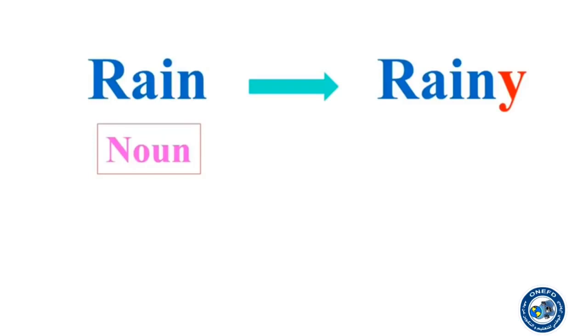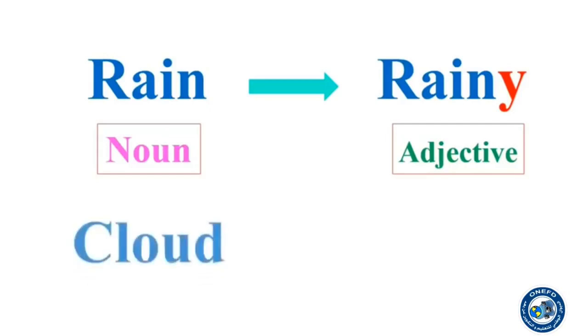So rain is a noun. It is a noun form. And rainy is an adjective to describe the weather. So when we change from noun to adjective, we add y.